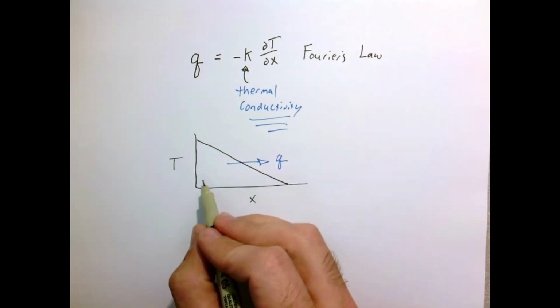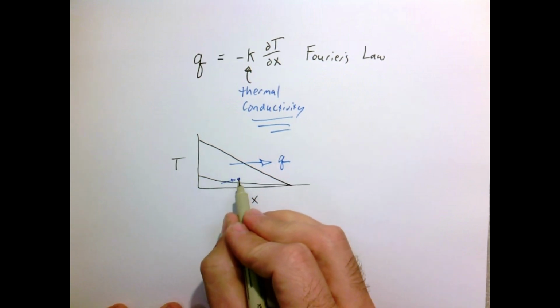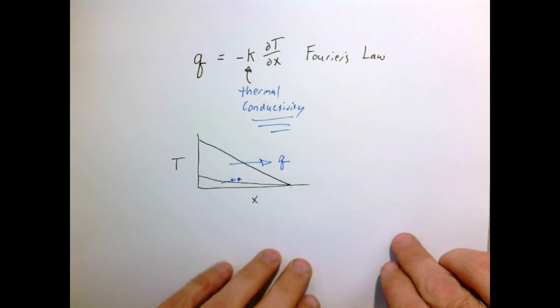So if I had a shallower temperature field, then the heat flow would be teeny tiny, and if I had a steeper temperature field, the heat flow would be greater. Again, this is an empirical law, need not be true, but for many, many materials, it turns out to be very close to being true as far as the best experiments can tell. So we're just going to simply substitute this empirical law, or constitutive law, into our equation.